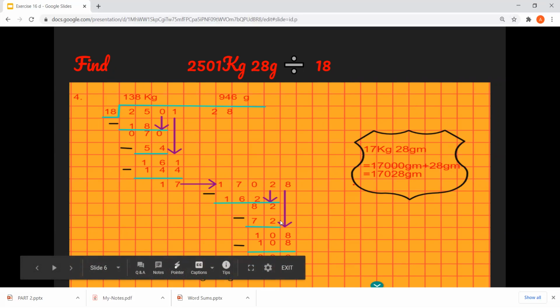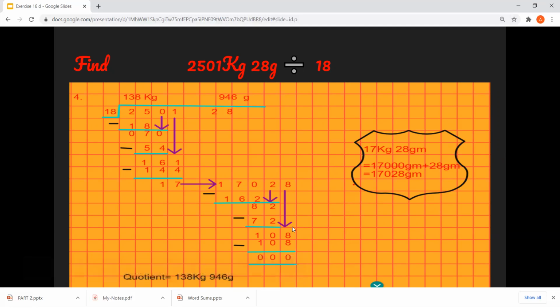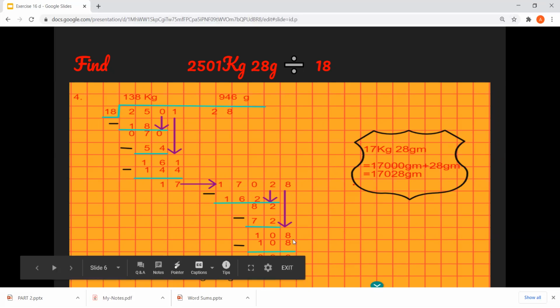Now subtract it. 82 minus 72 equals 10. 10 is smaller than 18. Carry the next number, that is 8, down with 10 and it will become 108. Now say the table of 18. 18 sixes are 108. Subtract both and we get the remainder 0.